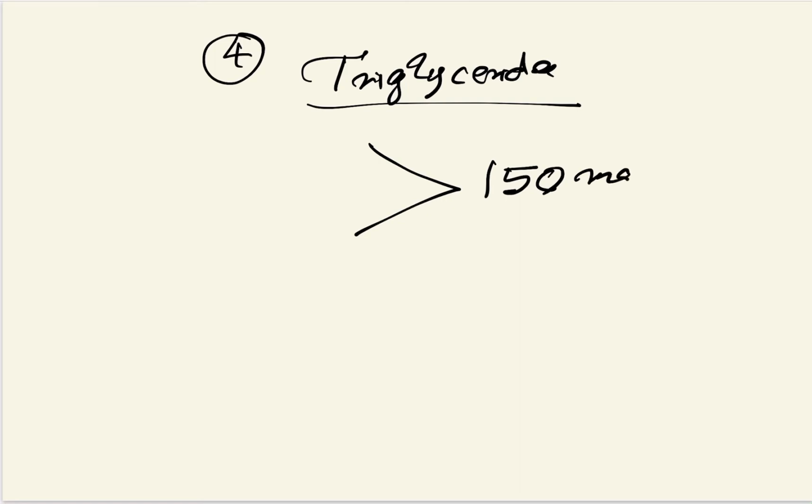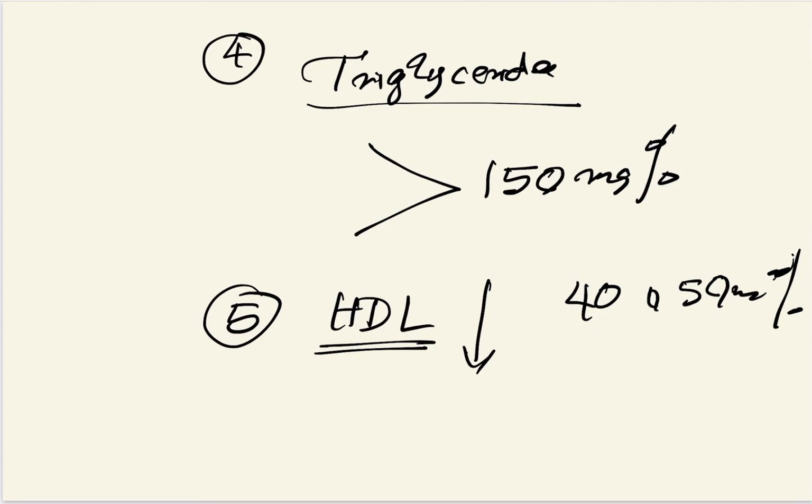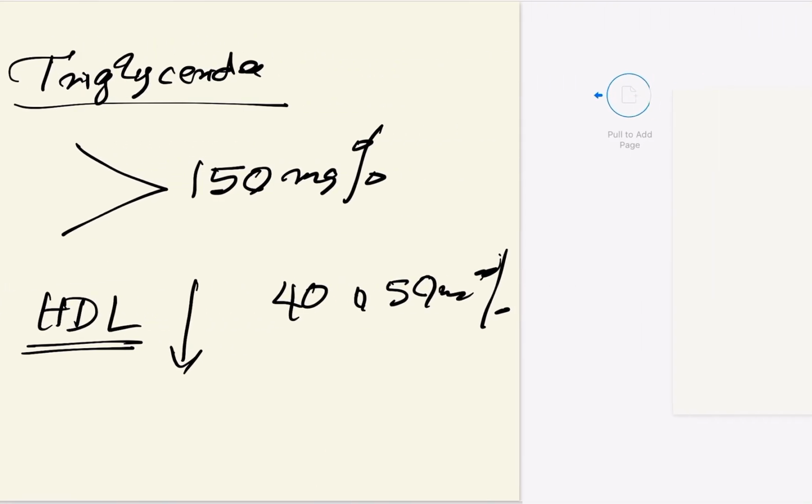Next is the triglyceride level. The fourth criterion is triglyceride. If the triglyceride level is more than 150 milligram percent, that is the fourth criterion. The fifth criterion is HDL. HDL is good cholesterol. If it is low, below 40 or 50 milligram percent, then we consider this as the fifth criterion.